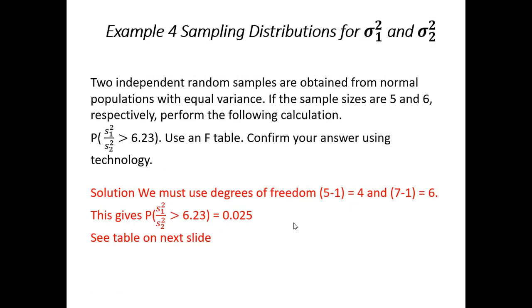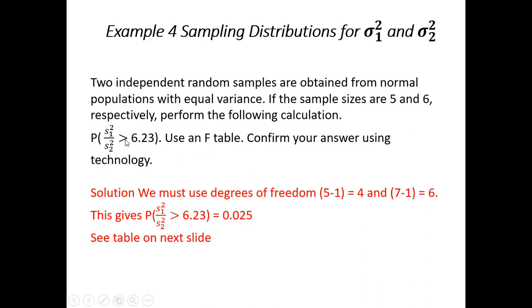So here's an example. Let's say we have 2 independent random samples obtained from normal populations with equal variance. If the sample sizes are 5 and 7, it's supposed to be a 7 here, perform the following calculation.